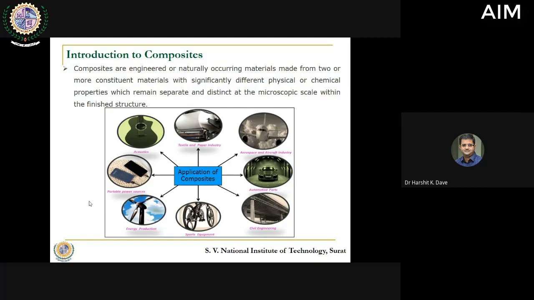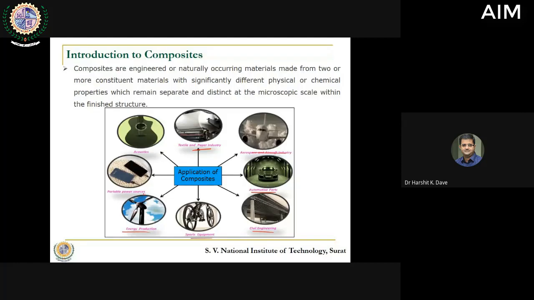If we see the applications of composites as on date, they range across a wide number of fields, starting from textile and paper industry. They have wide applications in aerospace and aircraft industry, in automotive industry, in various civil engineering applications, in the fabrication of sports equipment, in equipment for energy production.